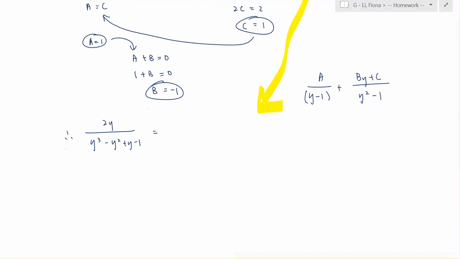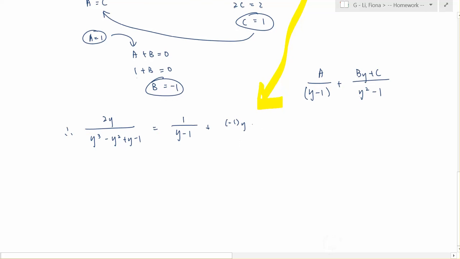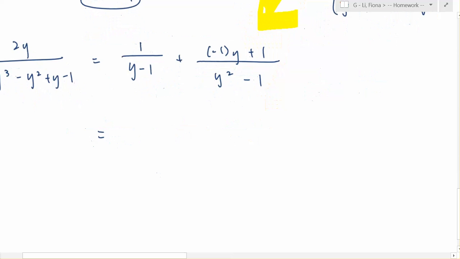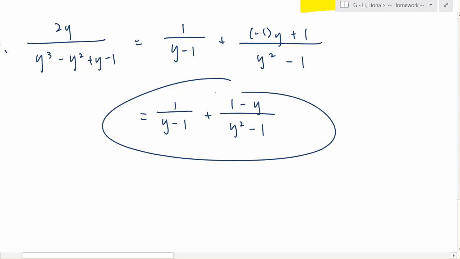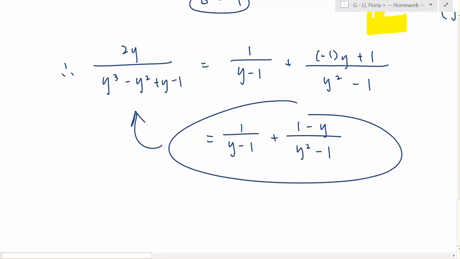And so we will plug the numbers back in, and it will be 1 over y minus 1, because A equals 1, plus B, which is negative 1, times y, plus 1 over y squared plus 1. We're almost there. Okay, so let's clean up and beautify this a little. And so we'll get 1 minus y over y squared plus 1. And here it is. This is the partial fraction we want for this ugly fraction.